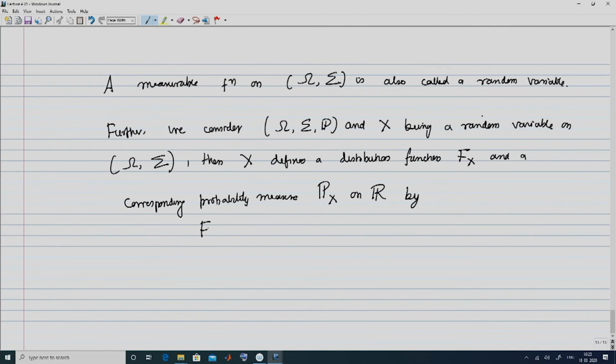I will denote this by F_X of t, which is P_X of (minus infinity, t], the same as the probability of X being less than or equal to t.